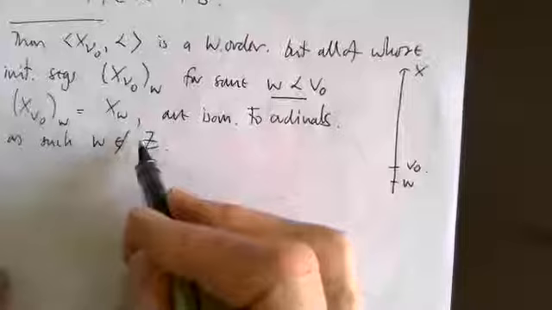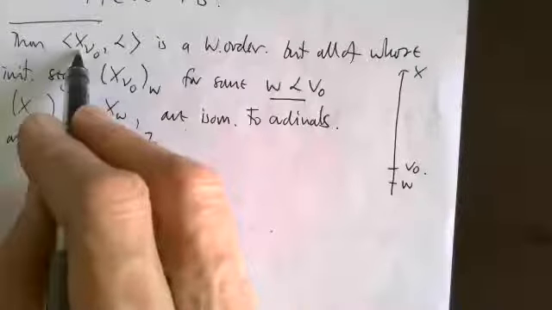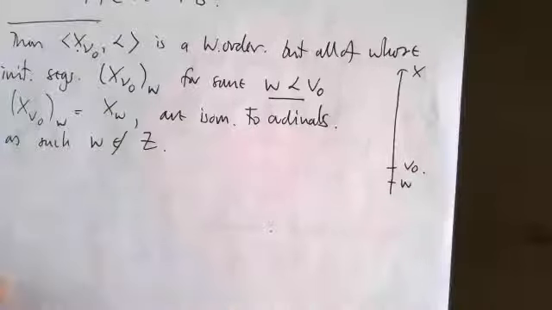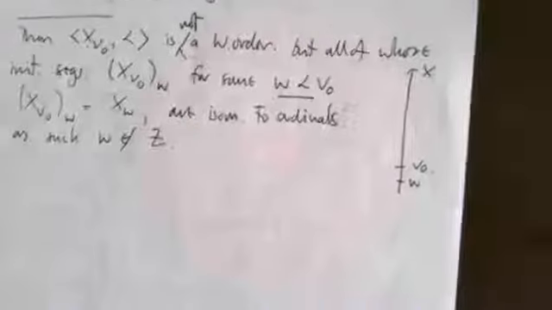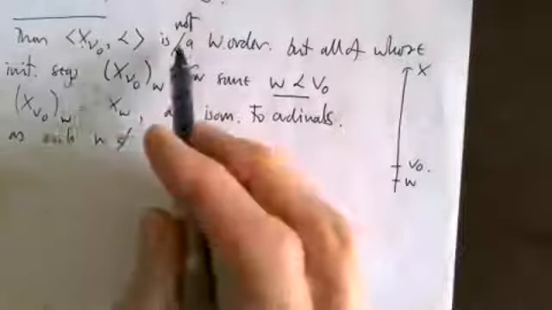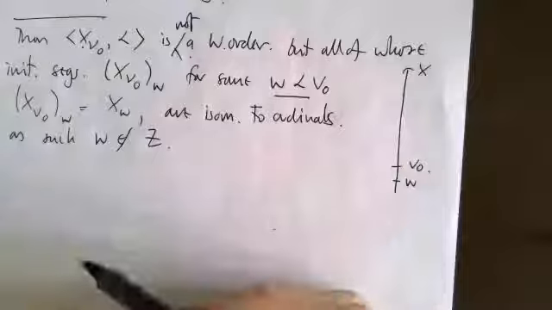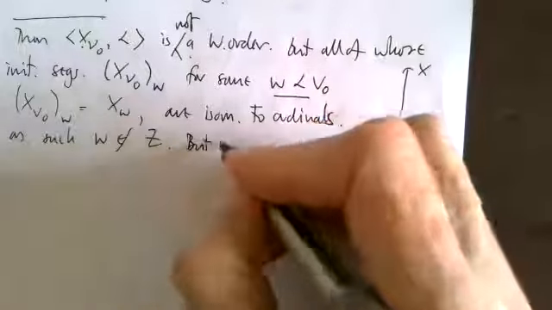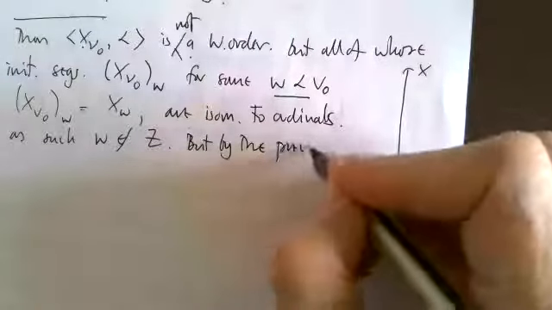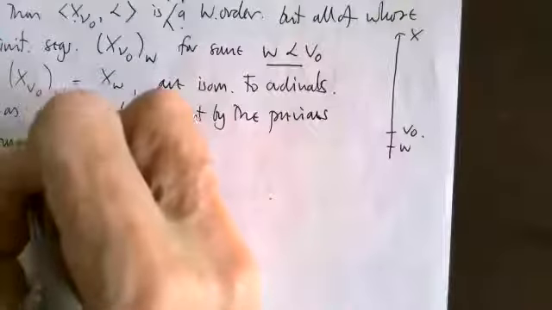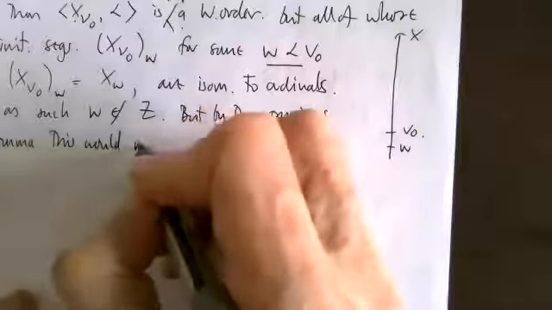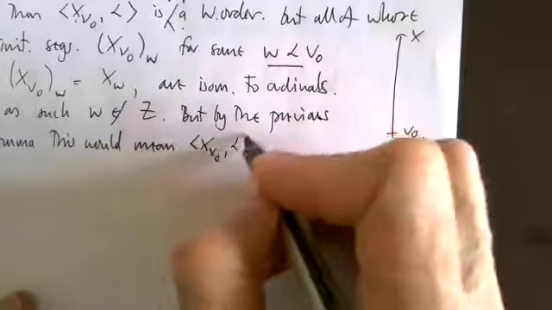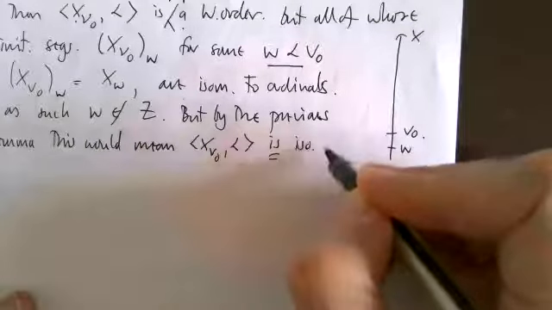But now the last lemma then just says all the initial segments of this are isomorphic to ordinals. So by the previous lemma, this would mean that X below V0 is isomorphic to an ordinal.